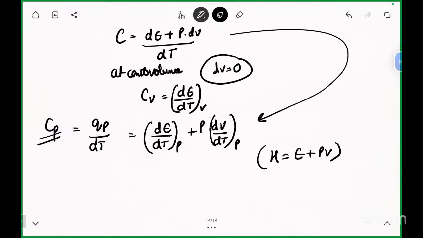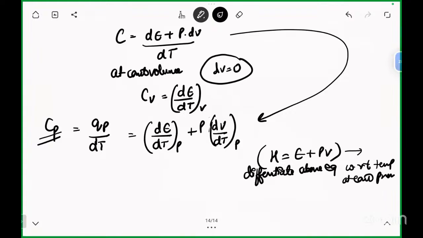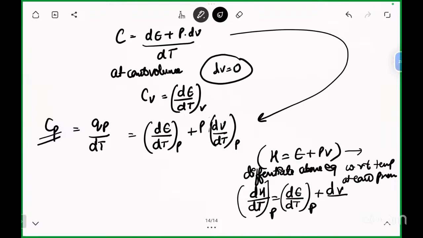So if I differentiate this equation with respect to temperature at constant pressure, this equation will be dH over dT equals dE over dT at constant pressure plus P dV over dT at constant pressure.